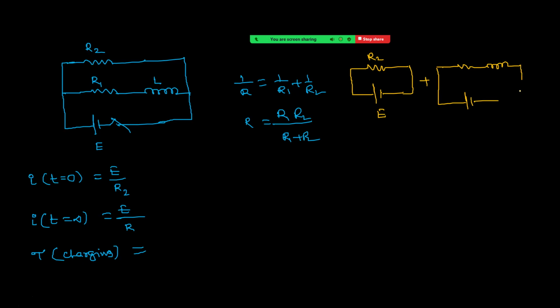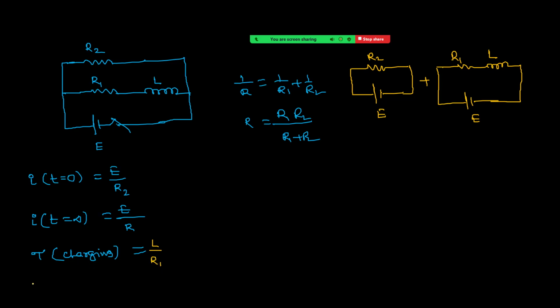So we can take that circuit as a combination of two independent circuits. So growth of current is not depending on R2. During charging, the current flows like this in this one, and the time constant is simply L by R1.